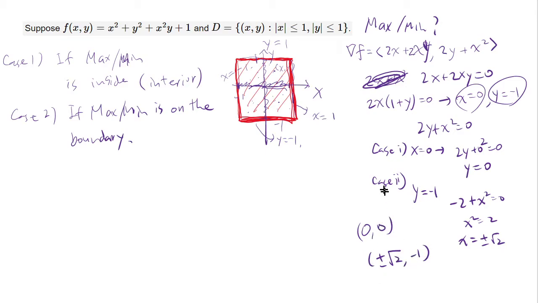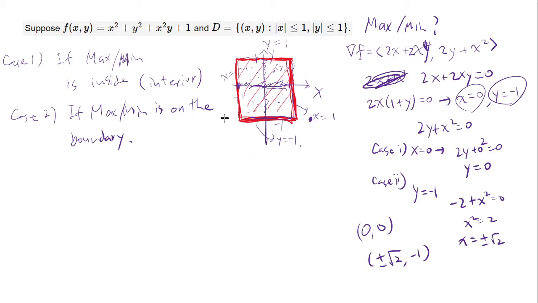However, this is actually my second time recording this, because in the first try I made a couple of errors, and one of them was thinking of this as one of the possible locations for max min, but that's not true. Radical 2 is bigger than 1.4, it's bigger than 1, so radical 2 comma -1 is somewhere here.